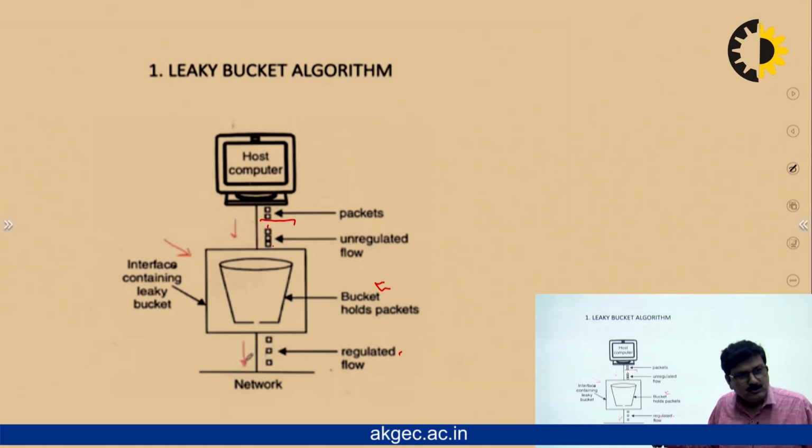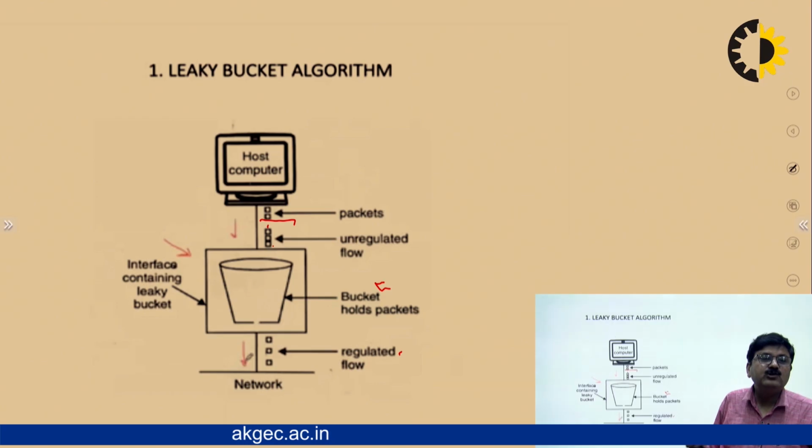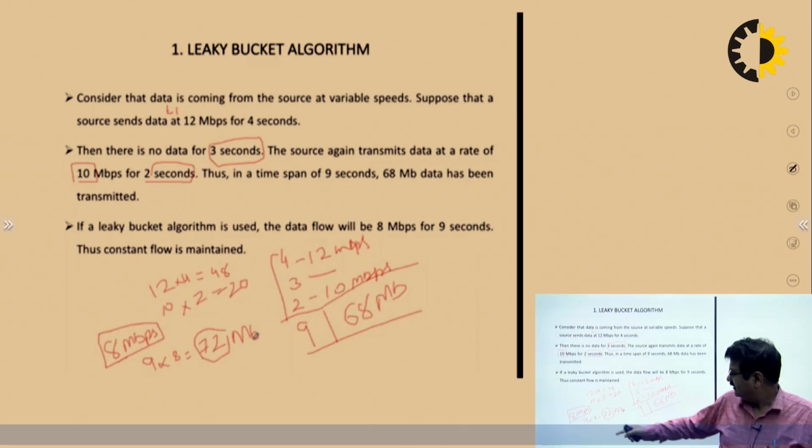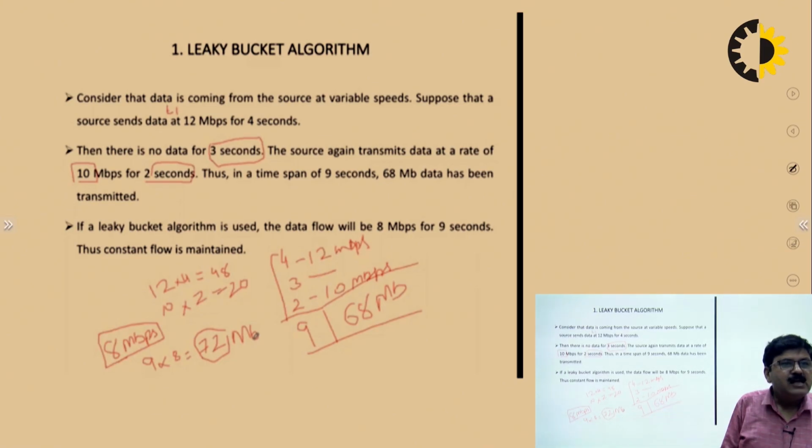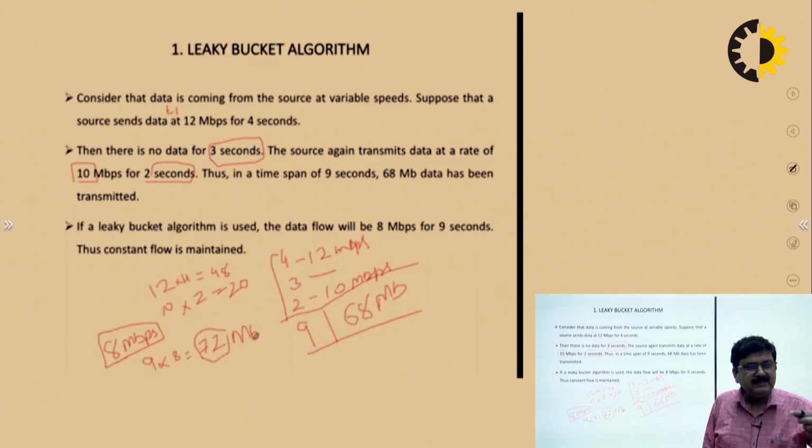So total data for 9 seconds is 8 into 9, 72 Mbps. This is a constant flow, so you can understand that we are getting the data out at a fixed rate.